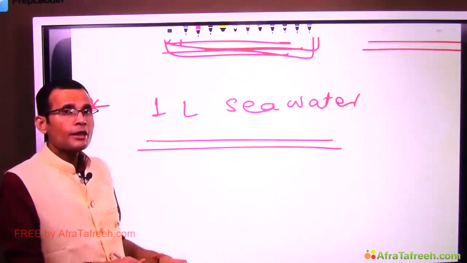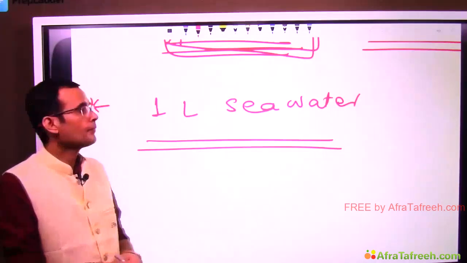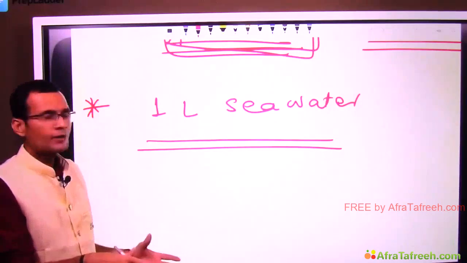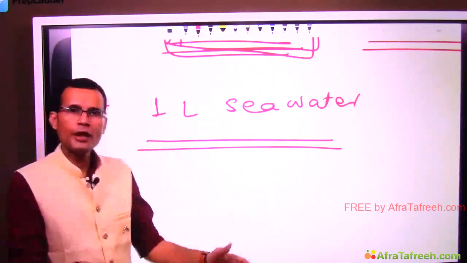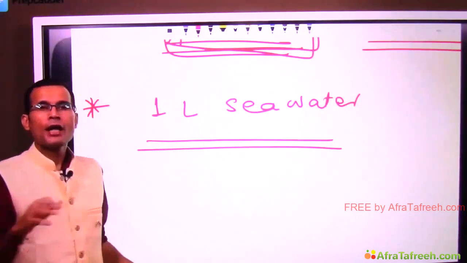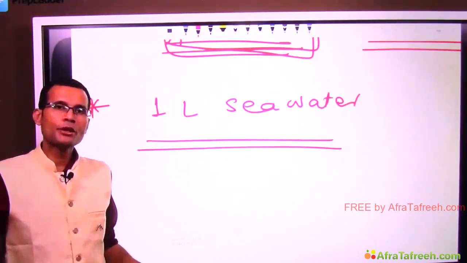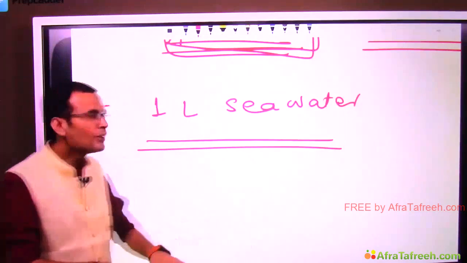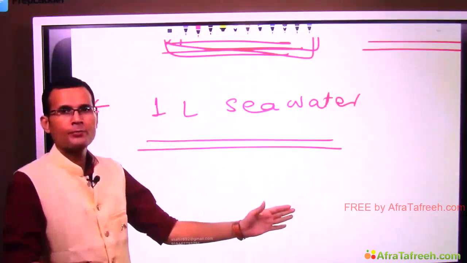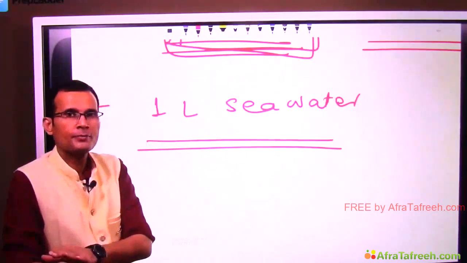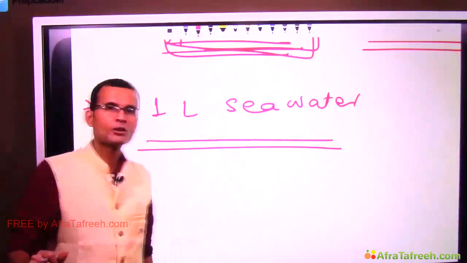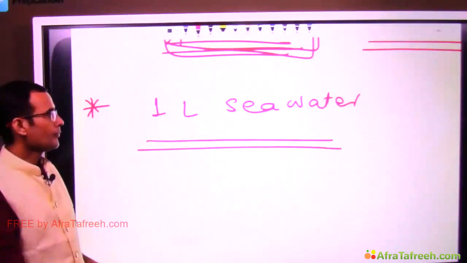The options are hypertonic overhydration, hypotonic overhydration, hypertonic dehydration, or hypotonic dehydration. So first of all, you have to decide whether this will result in overhydration or dehydration, and then you have to decide whether it will be hypertonic or hypotonic. So what's your opinion on this?